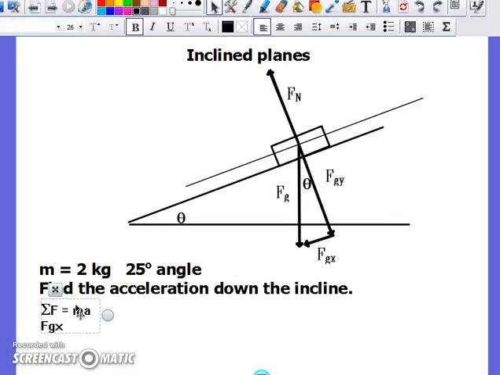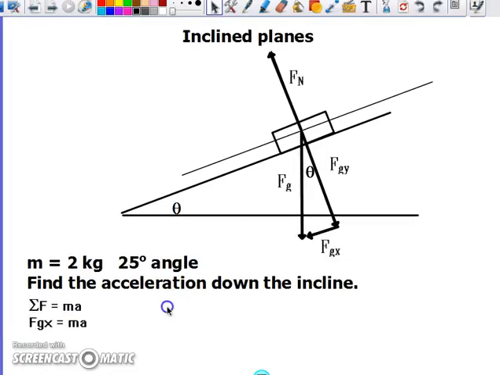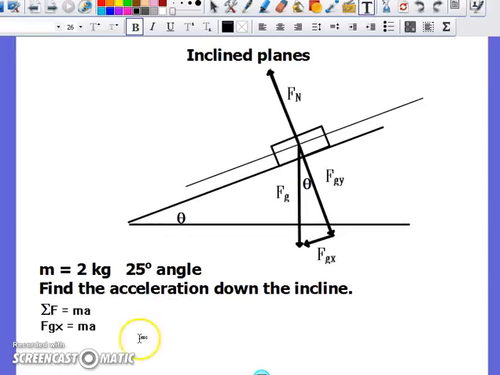So we have Fgx is equal to ma, but remember also that Fgx is mg sine of the angle, so that will equal ma. And if you notice, the mass doesn't really matter because there's an m term on each side.